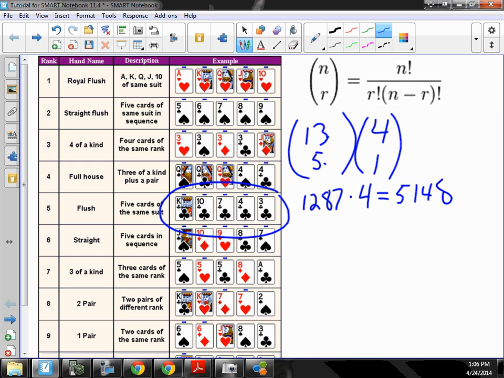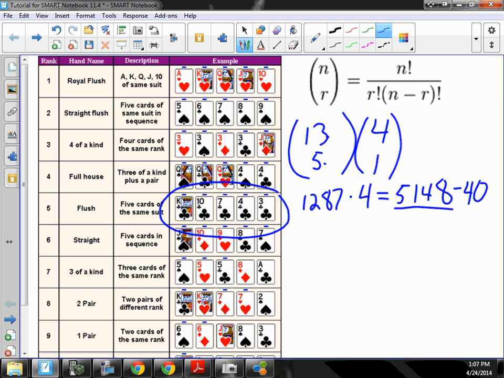But what's wrong with this number? It has too many hands in it. How many do I want to take away? I need to get rid of 4 royal flushes and 36 straight flushes. So I just subtract off 40. And trust me, that's a lot easier than trying to weed them out in the beginning. So it would be 5108.